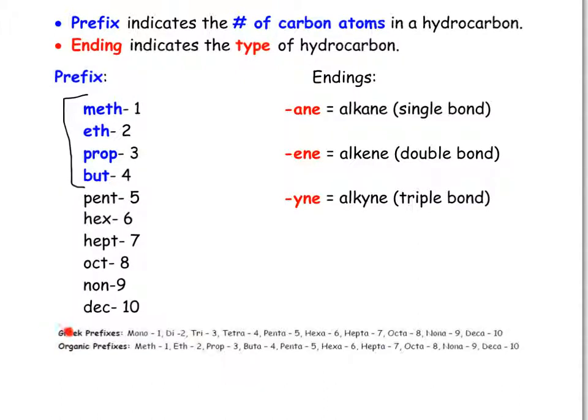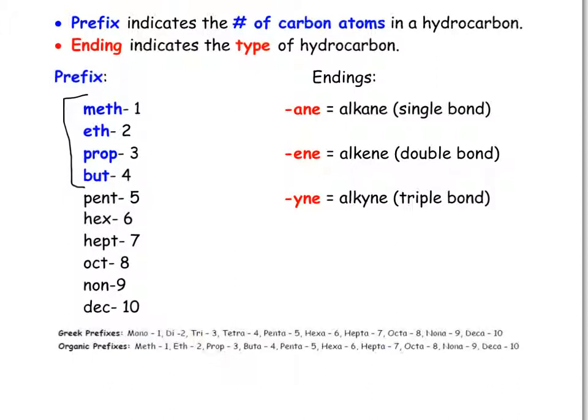Up until now, we only used these Greek prefixes. Now we're going to start on the organic, and the first 4 are the only ones that change. So 1 is now meth, 2 is eth, 3 is prop, and 4 is but. And those are the prefixes, and then we also have our ane, ene, and ine endings.